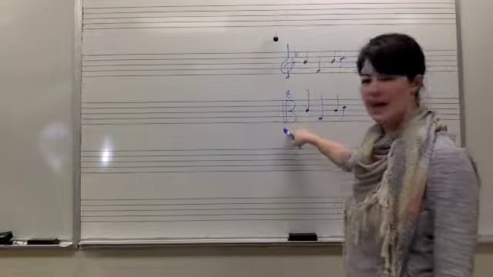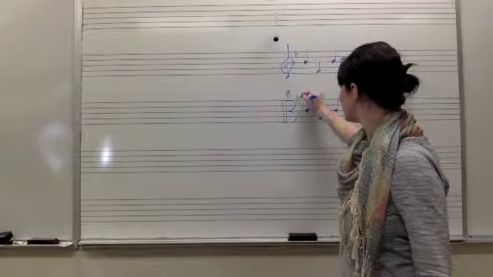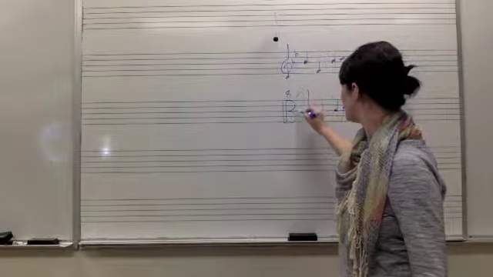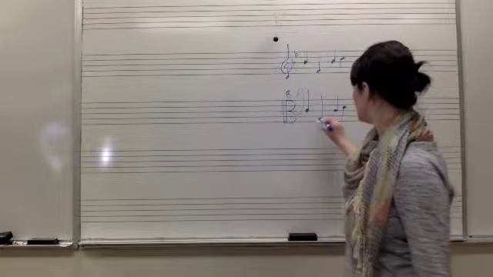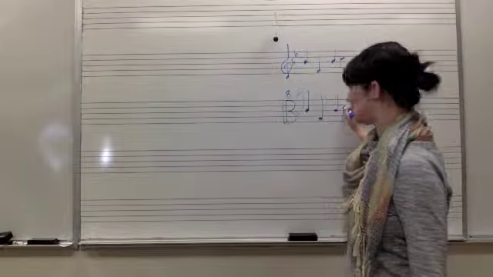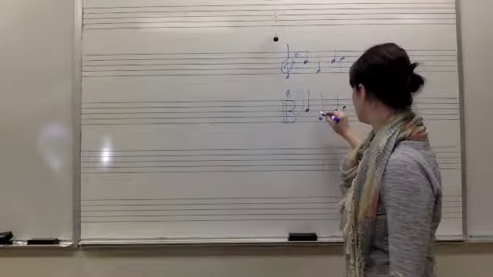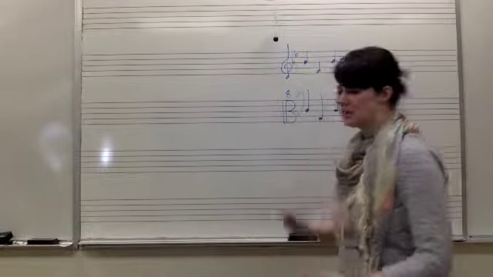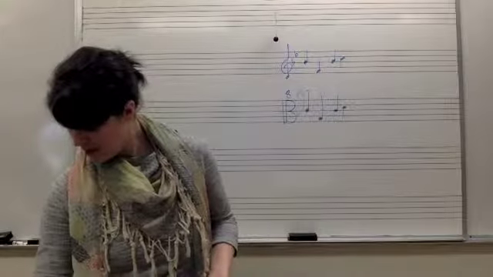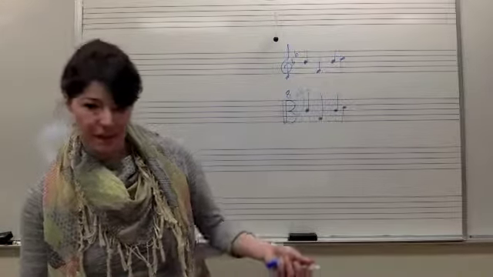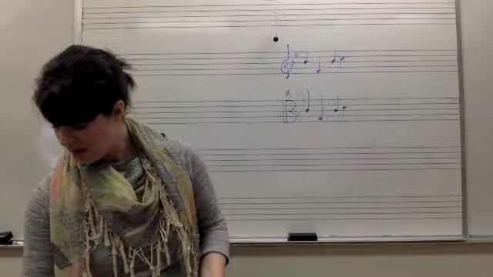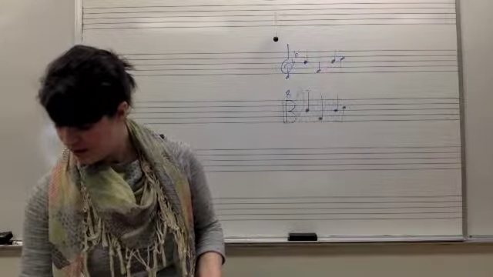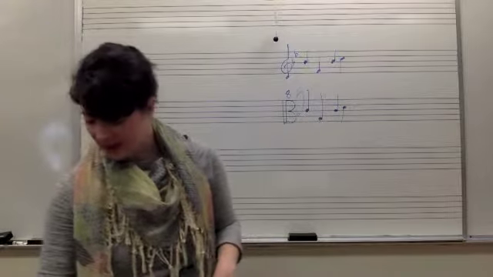But by changing the clef and changing the key signature, C goes here. So we've got this C, G, C, D, or C, G, C, D. Like that. We go from this to, and actually it's way lower.